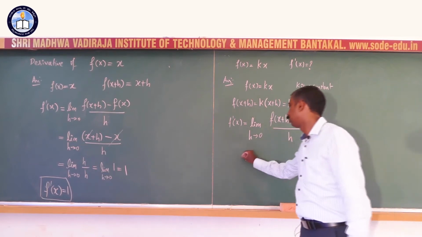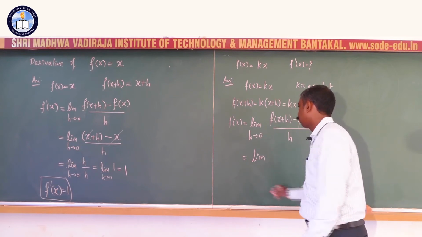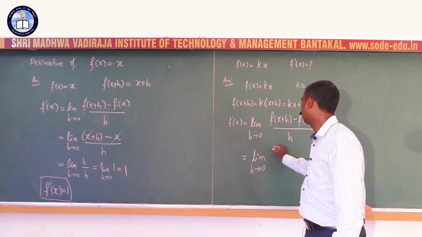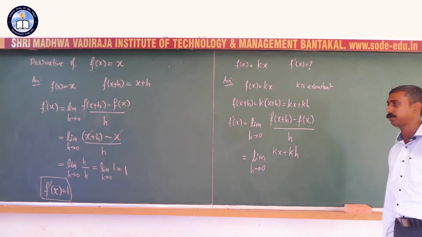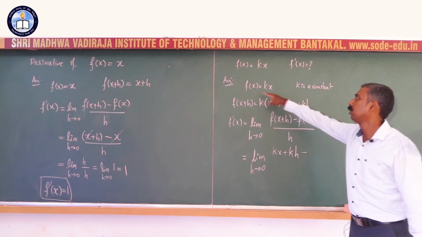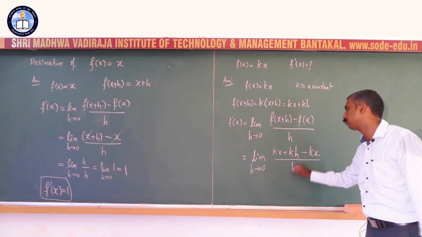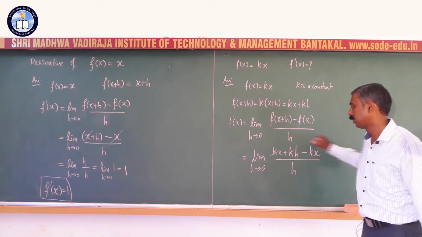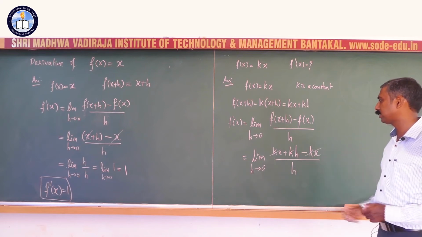Substitute everything: limit h tending to 0, f of x plus h is kx plus kh, we have substituted this, minus f of x which is nothing but kx, whole divided by h. You are very eager, see, kx and kx cancel. We are left with kh by h.